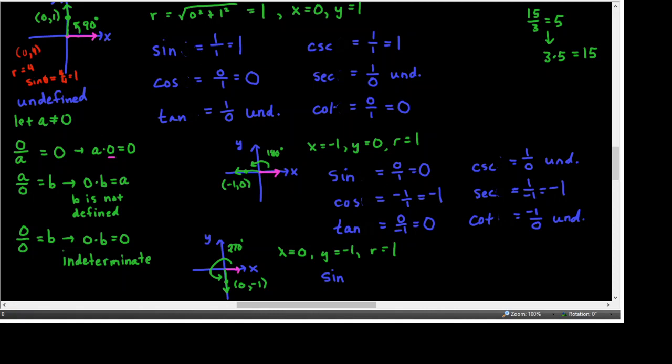Okay, so what we were doing here was, let me fix this. So this was sine of 90 degrees is 1. Cosine of 90 degrees is 0. Tangent of 90 degrees is undefined, etc. So these are all the trig function values of 90 degrees.